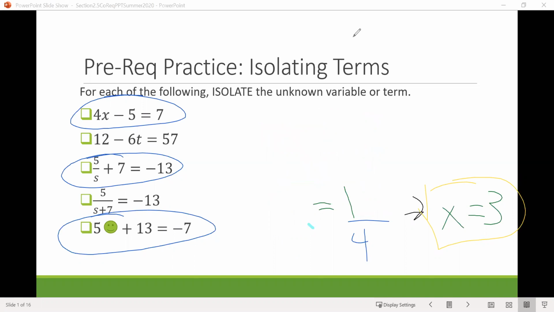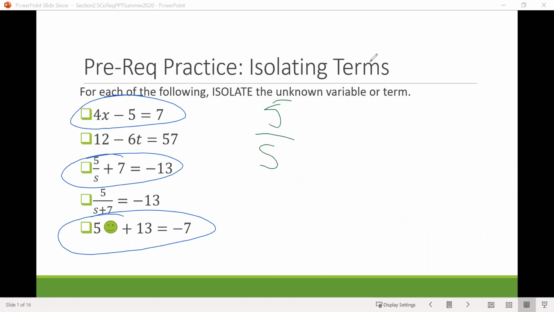So 5 over s plus 7 equals negative 13. Now here, we again need to isolate the s, which means we need to first isolate the term with the s, which is the 5 over s. So we'll start by subtracting 7 from both sides.